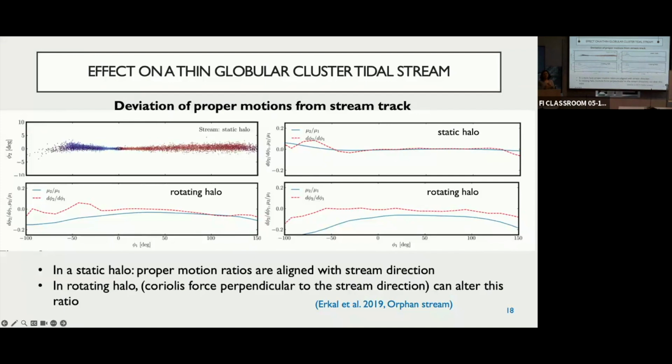So most of the tidal streams that we focus on are things like globular clusters. I don't think the formation of globular clusters depends on it, and most of their disruption is happening in the Milky Way, right? And it's being spread out in the Milky Way.